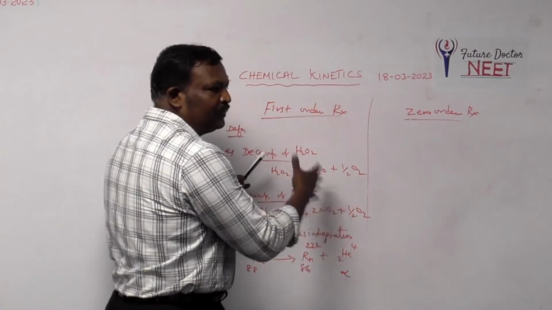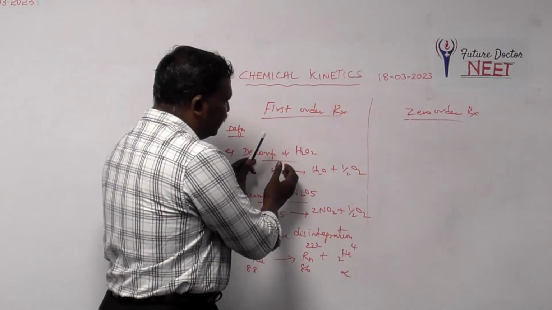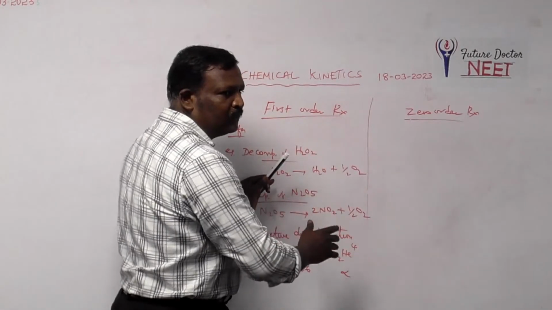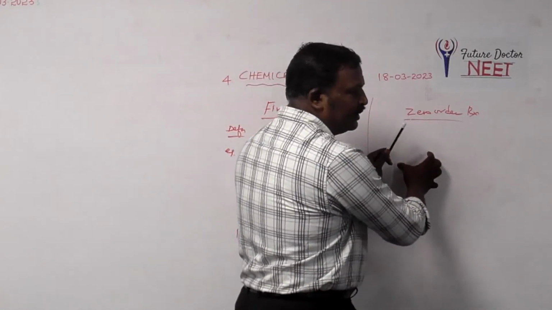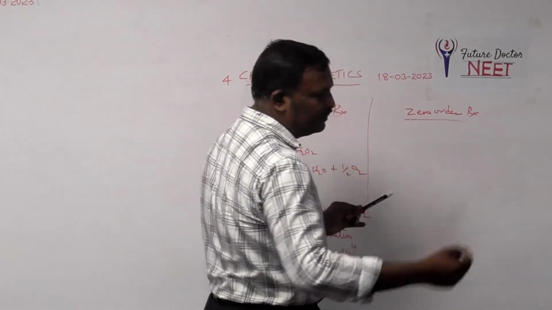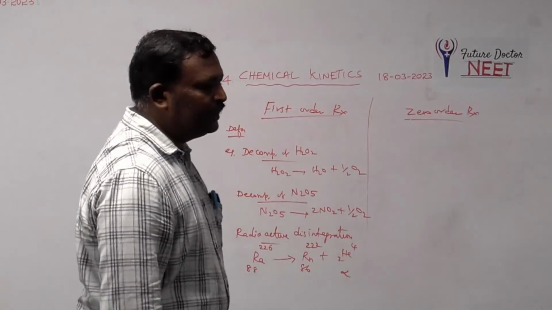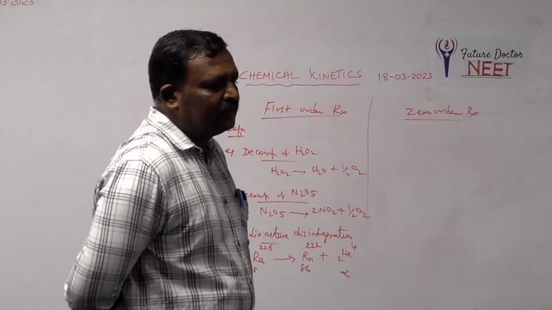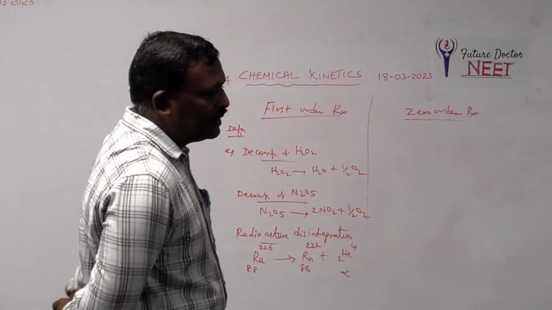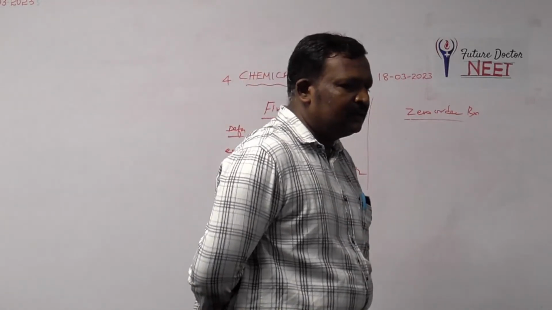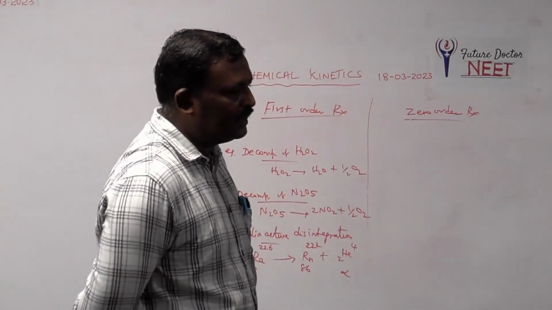If you take hydrogen peroxide, it decomposes to give H2O plus O2. But here we are taking one reactant, and it needs some catalyst. First write the definition: it does not depend upon the initial concentration of the reactant.